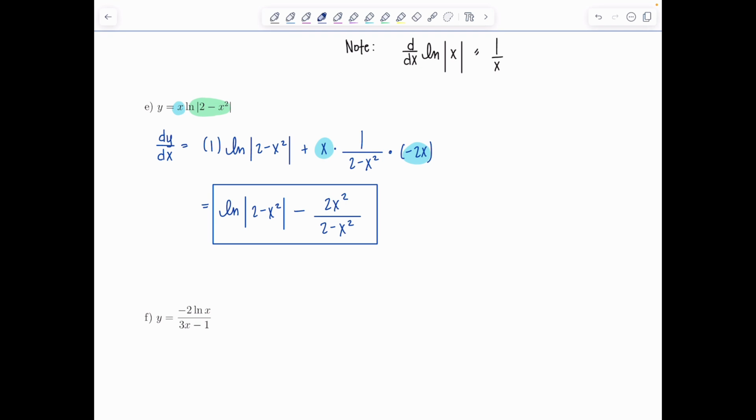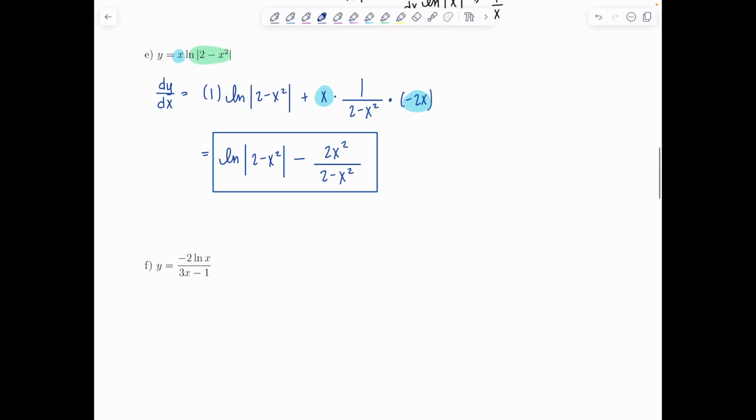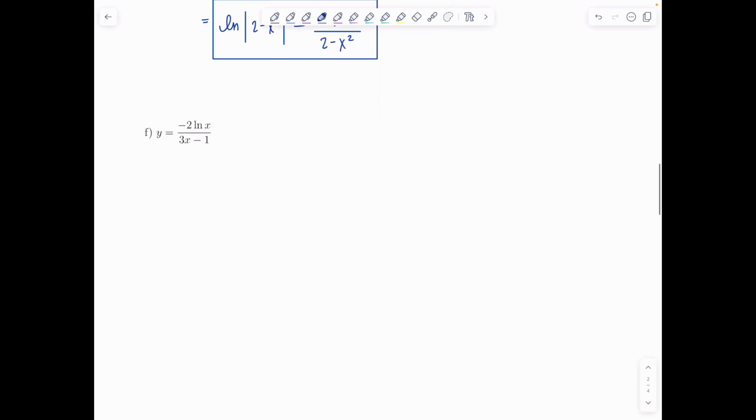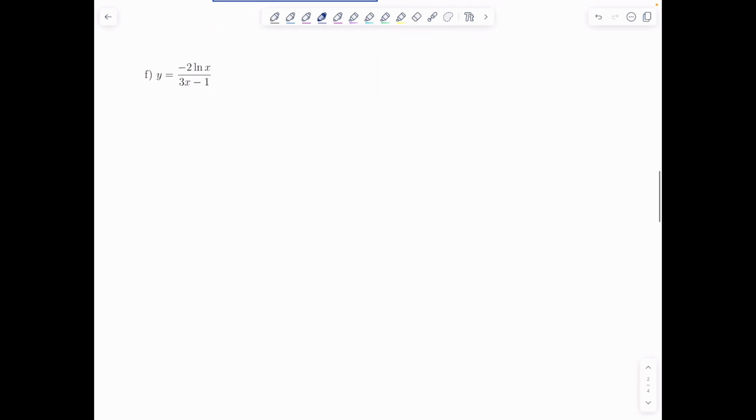Okay, let's try now using the quotient rule. So here we have y equals negative 2 ln of x over 3x minus 1. So dy dx equals, we've got low d high, so denominator, times derivative of the numerator. So no product rule necessary.